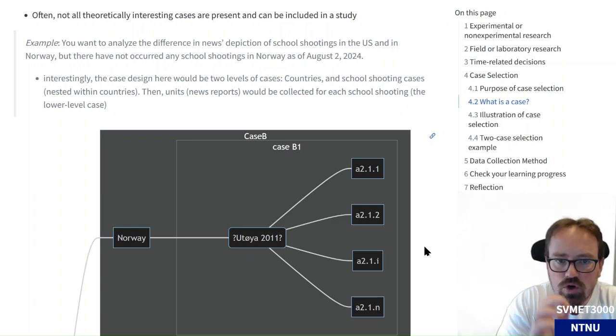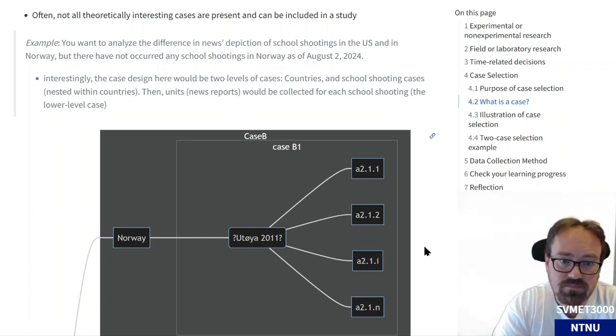Example, you want to analyze the difference in news depiction of school shootings in the US and in Norway. But there haven't occurred any school shootings in Norway as far as I've researched for this lecture as of August 2nd, 2024.